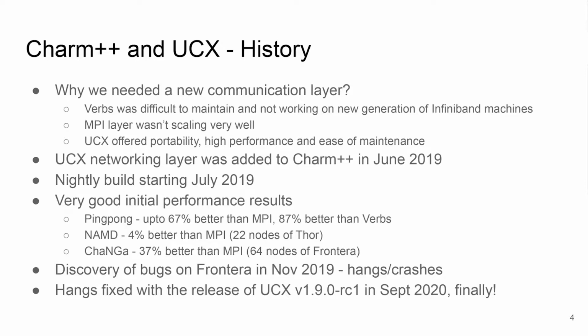So if you guys can take a look at it and see if there are other ways we can resurrect the verbs API, I'm guessing that we can do slightly better. But to answer your question precisely, one of the things that was not in verbs but was in UCX was a registration cache. So that might have to do with a lot of the improvement that we saw for the larger messages.